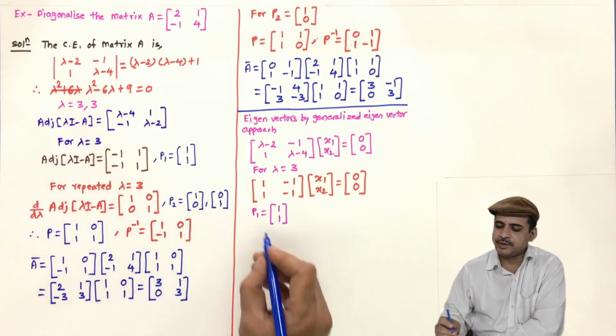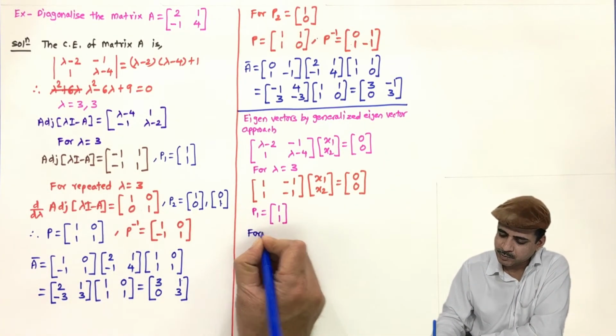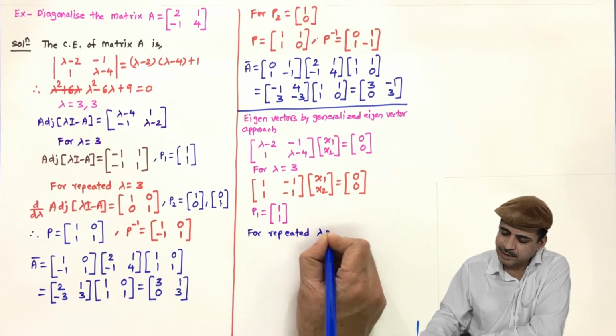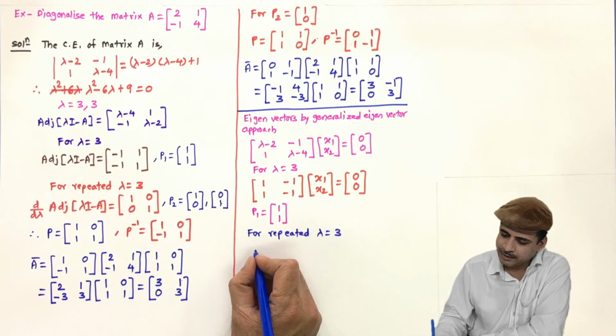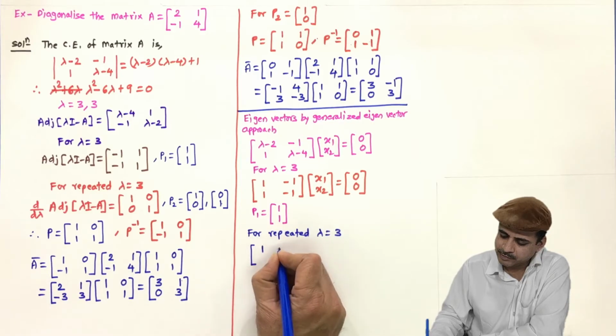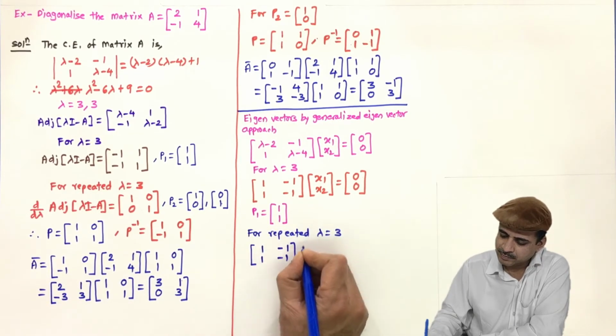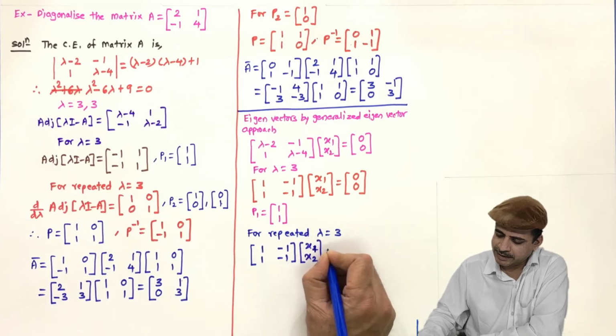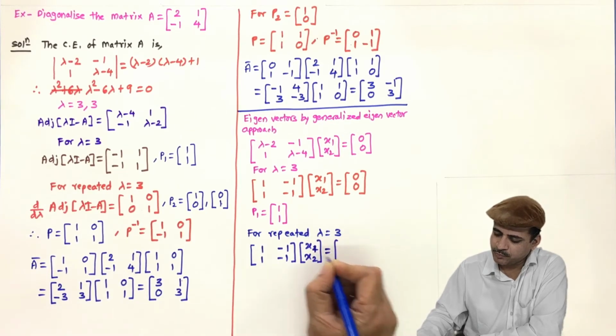And now for the repeated root, for repeated lambda equal to 3, what I have is lambda I minus A, this will remain the same, into second eigenvector is equal to negative of the first eigenvector.